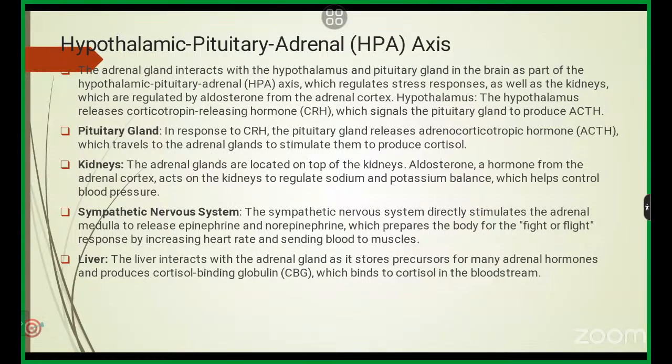However, now we are going to jump into the hypothalamic pituitary adrenal axis, that's HPA axis. The adrenal gland interacts with the hypothalamus and pituitary gland in the brain as part of the hypothalamic pituitary adrenal axis. So we are going to look at these glands and how they relate to one another, the pituitary, hypothalamus, and the adrenal glands. How they check, how they control each other, the checks and balances.